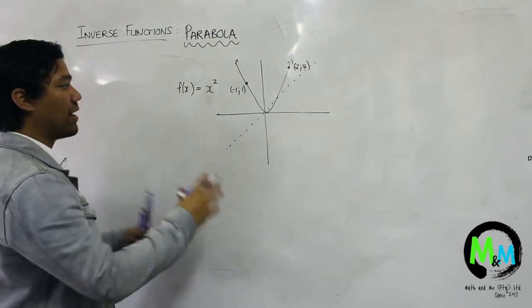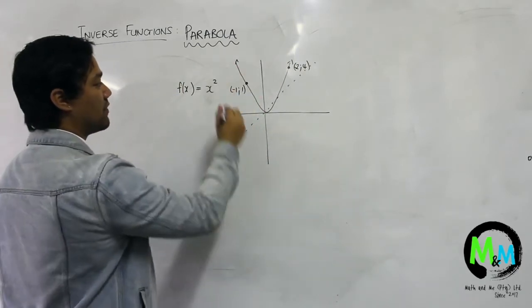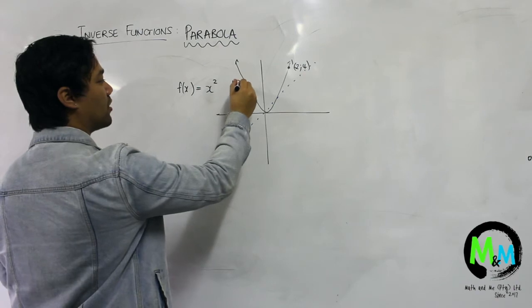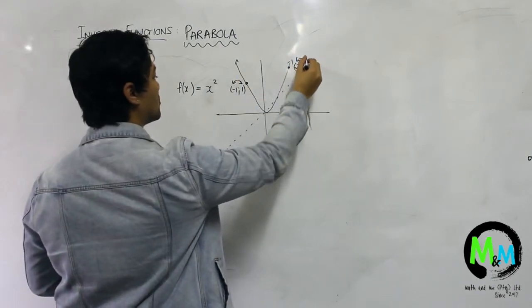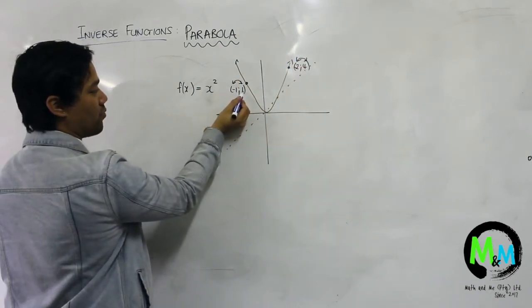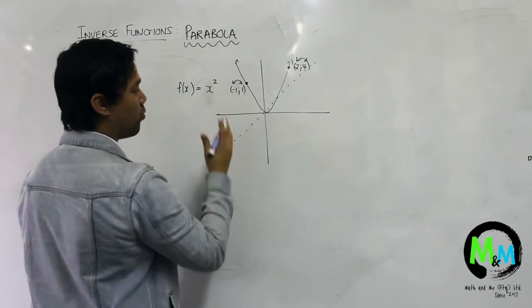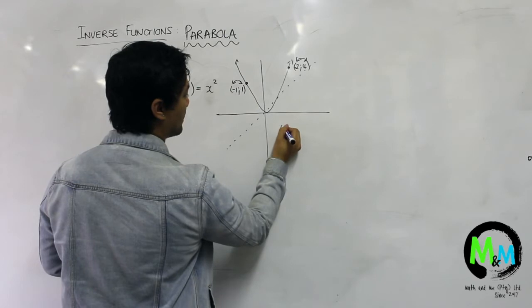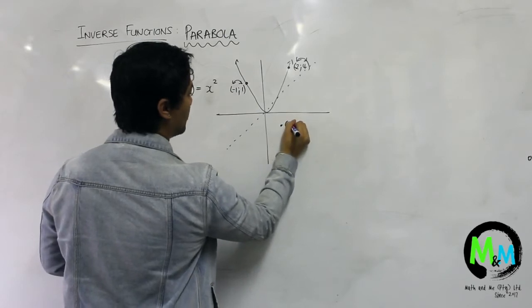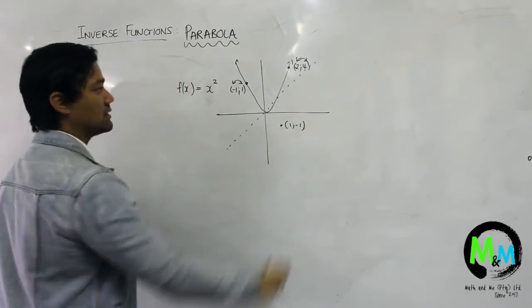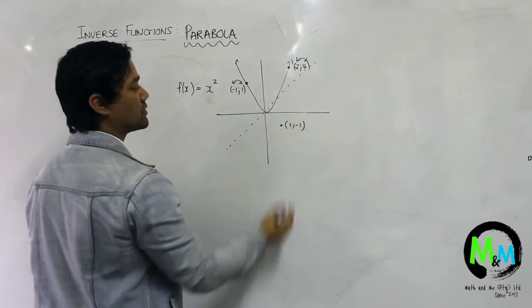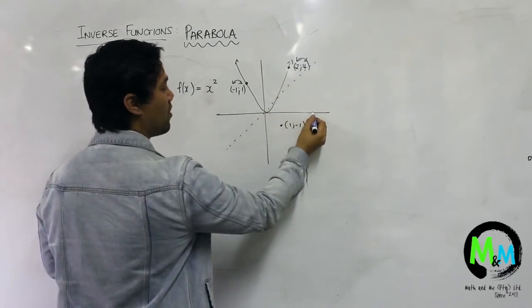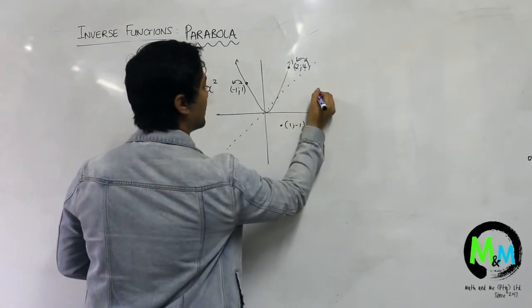When I inverse this function, the x and y positions of coordinates even switch. So what was -1 and 1 now becomes 1 and -1, and that point will now be over there. Same thing over here, the 4 and the 2 will switch, so now 4 and 2 will be over there somewhere.